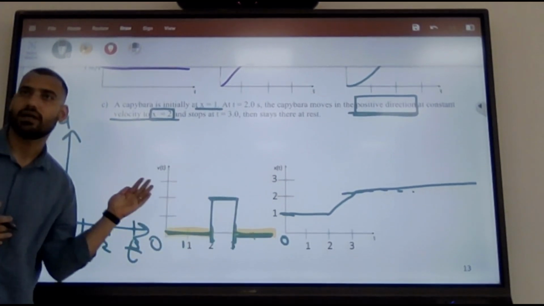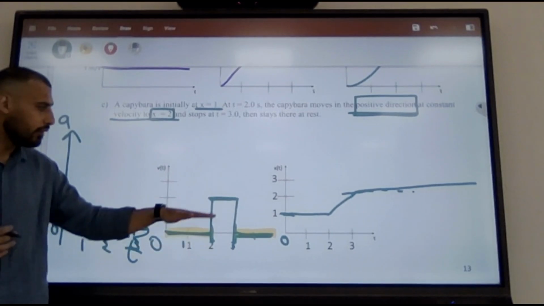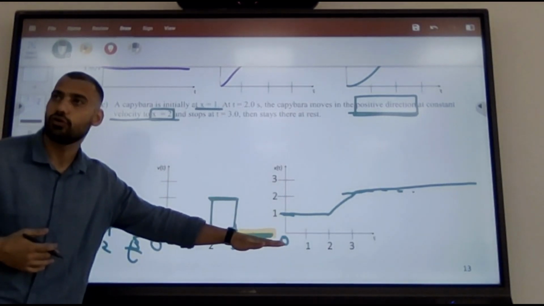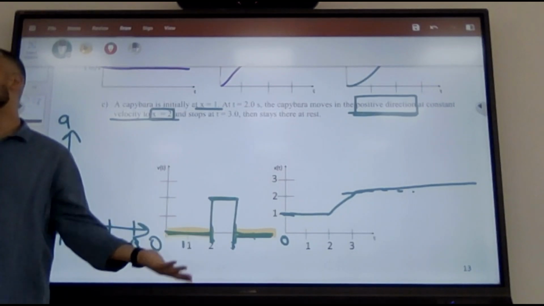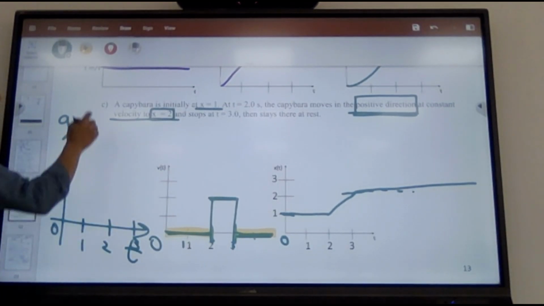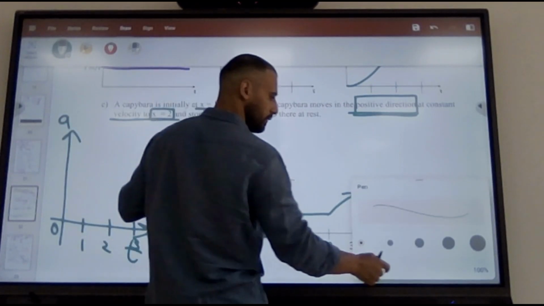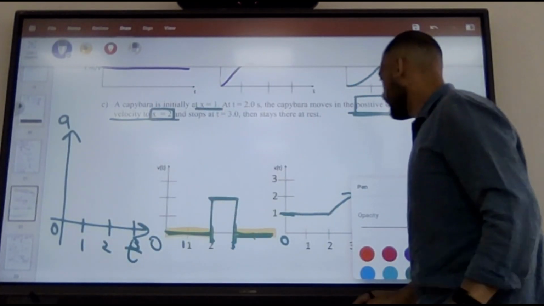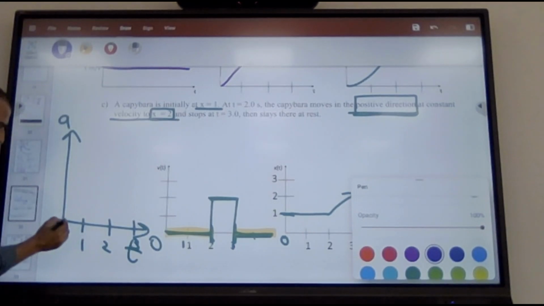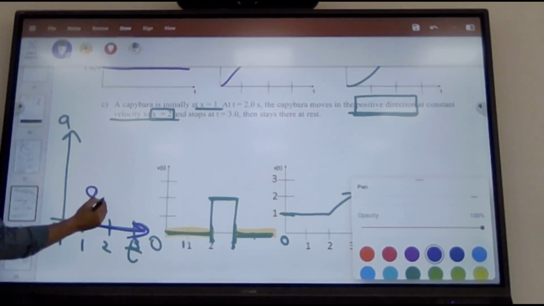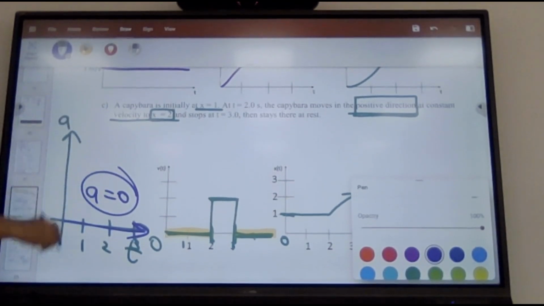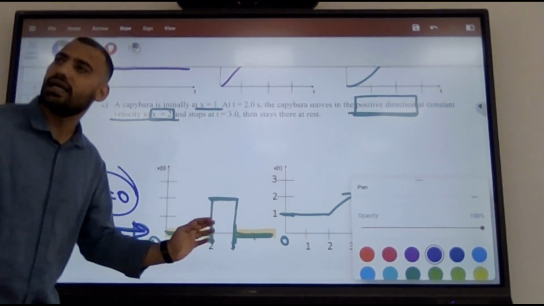Check the velocity-time graph. What is the slope? Zero. Every time it's zero. So its acceleration-time graph will be, how will it look like? It doesn't have any acceleration. Is it clear?